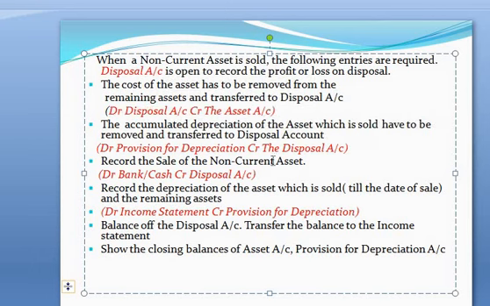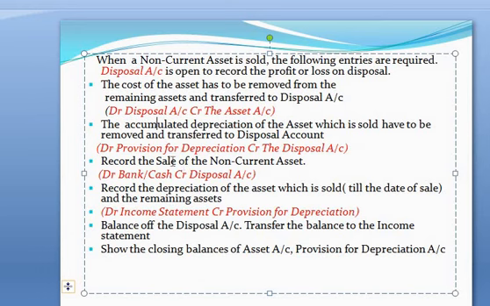Now the next step is to also remove the accumulated depreciation of the asset which is sold, right? You cannot keep on maintaining the depreciation of an asset which is no longer existing in the business.